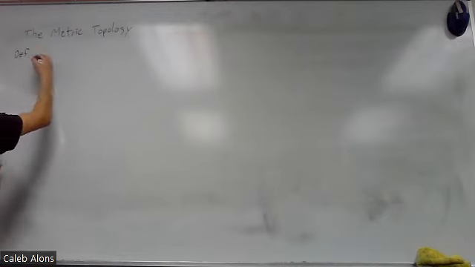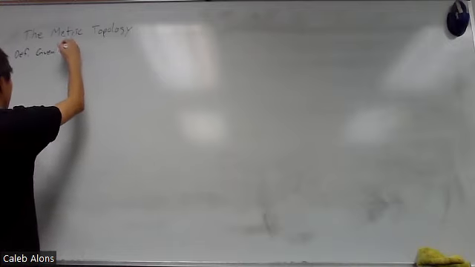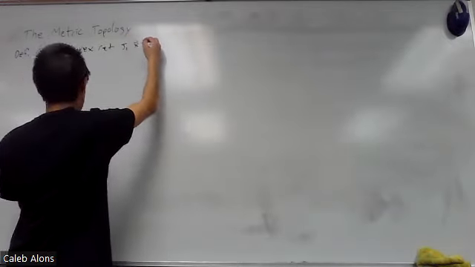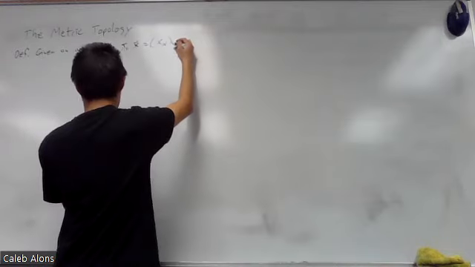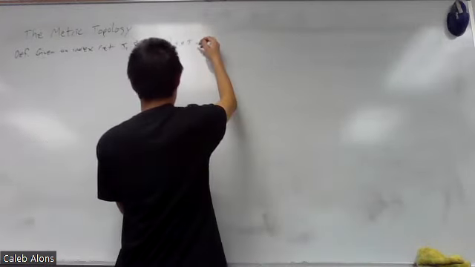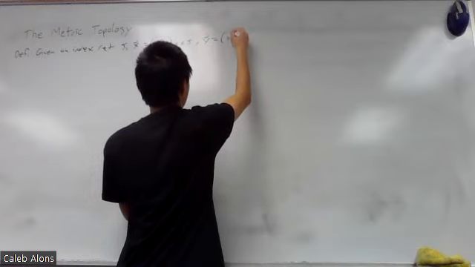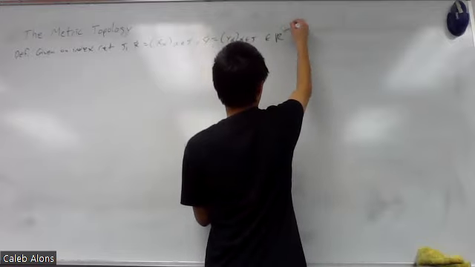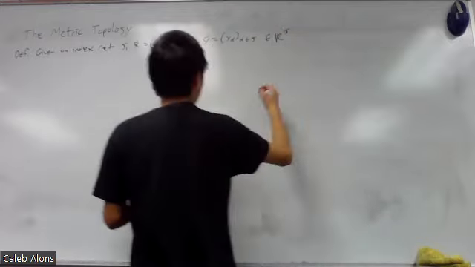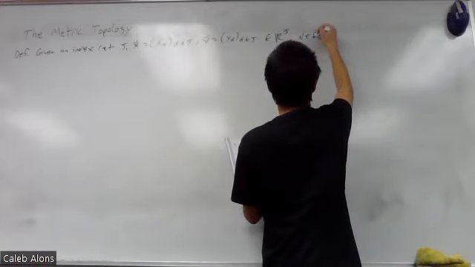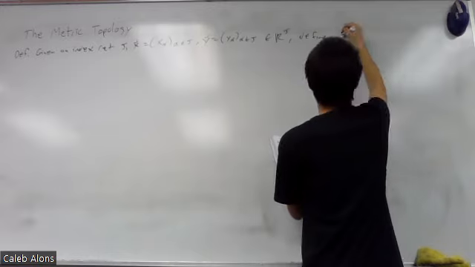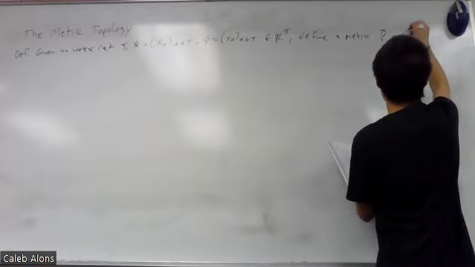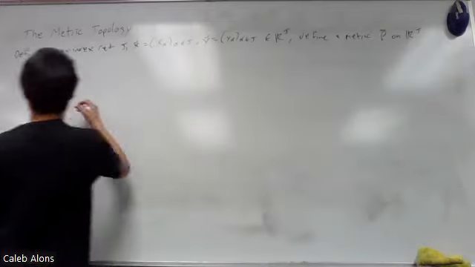Definition: given an index set J, and X is the tuple X alpha, and Y is the tuple Y alpha, and these are going to be contained in R^J. We define a metric rho bar on R^J.